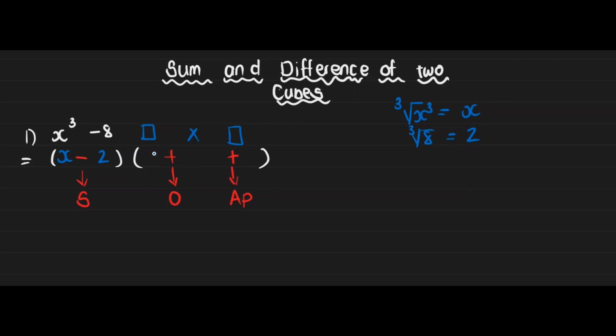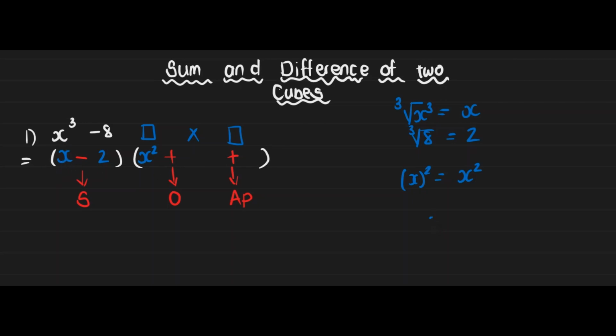So the first one says we need to square the first term. We're not square rooting this one, but the one that we got as an answer, which is x. So the square of x is going to give me what? X squared. So I'm going to write x squared here. Then the second one says we need to multiply the first term and the second term.